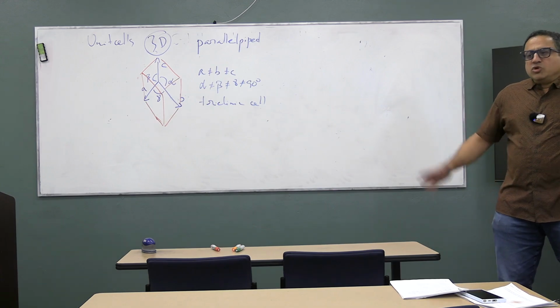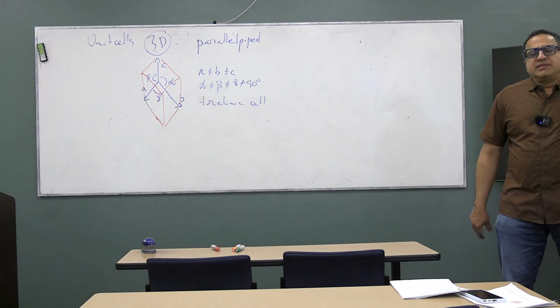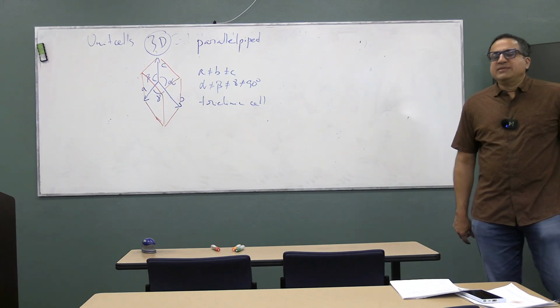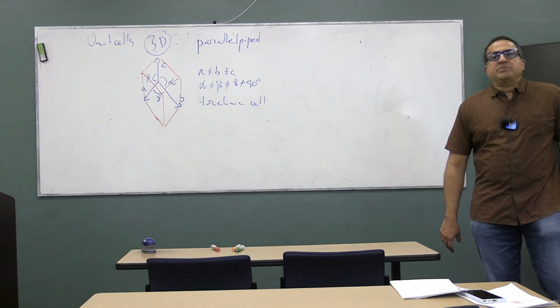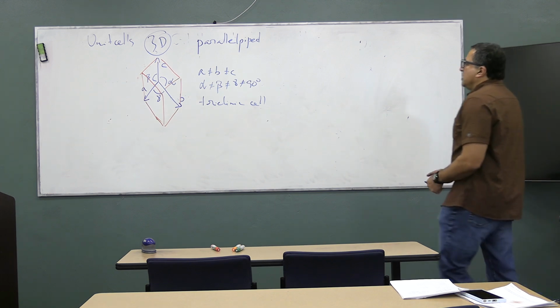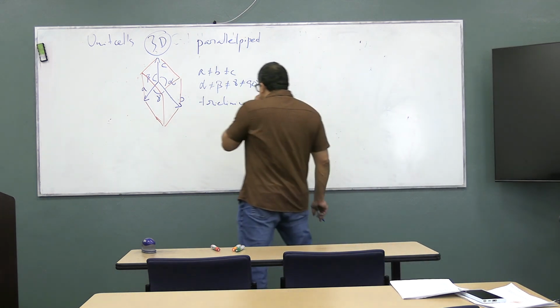You know all the angles are 90 and all the lengths are the same. Crystallography insists that if you have a simpler representation, you should use it. That's why we don't use the triclinic cell for everything.